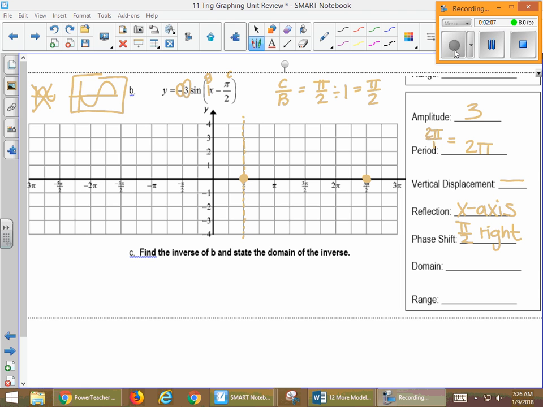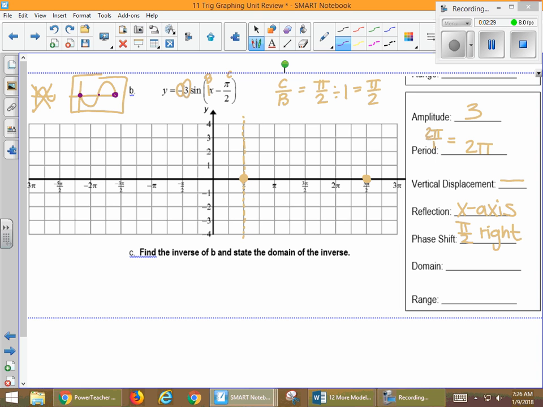So we moved pi over 2 to the right. We have a period of 2 pi. And now we need to do our amplitude of 3. Actually, when we go back to our main graph here, we have those 2 spots placed.